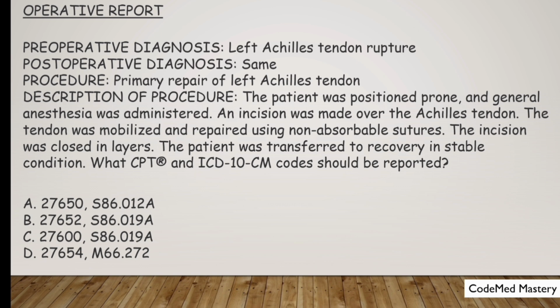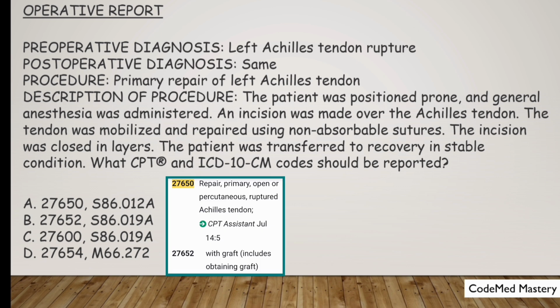Check the first code in option A, 27650, which is for repair primary open or percutaneous ruptured Achilles tendon. And check the first code from option B, 27652, is for repair primary open or percutaneous ruptured Achilles tendon with graft, includes obtaining graft.